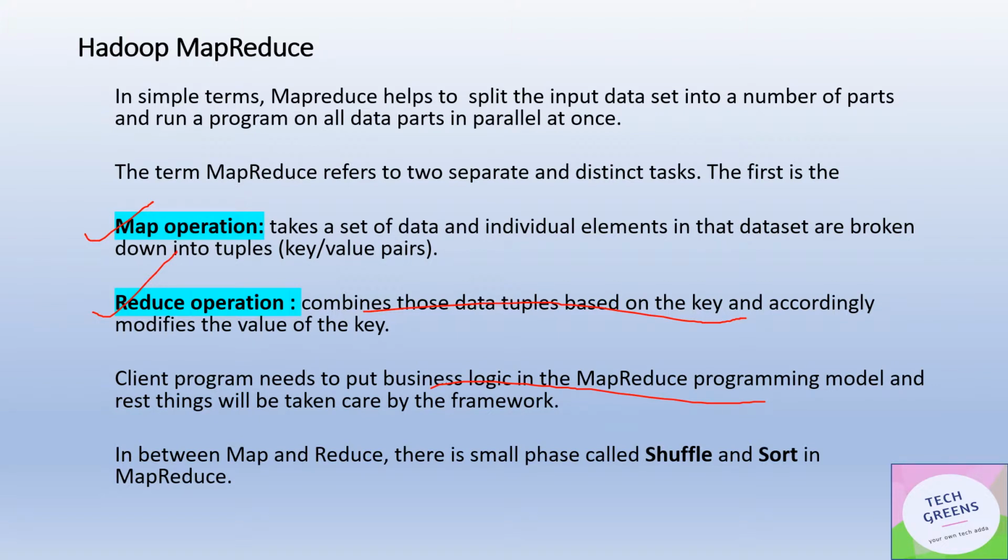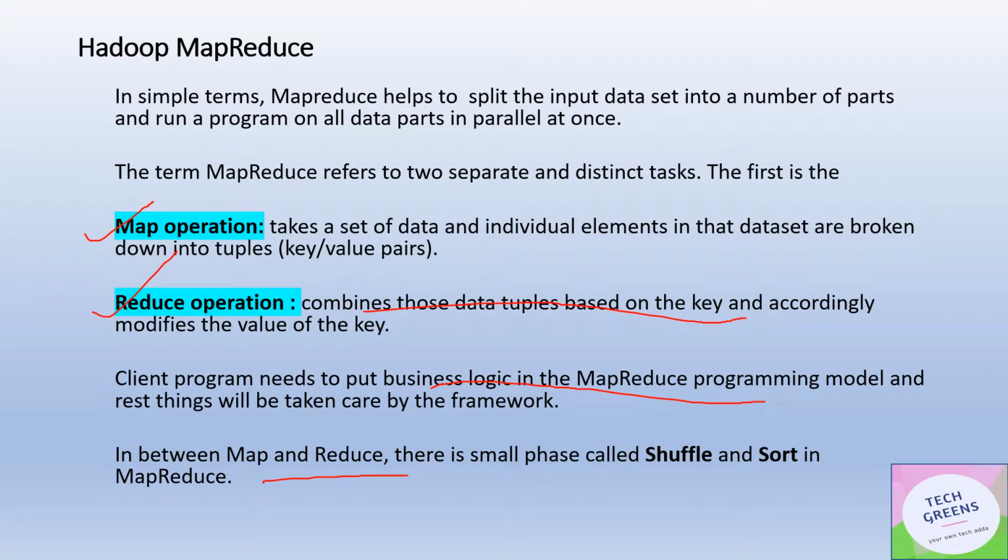One important point to note here is that in between the map and the reduce phase, there is a small phase called shuffle and sorting. So when the input from the mapper goes to the reducer, in between, the data is shuffled across the required nodes based on the key.